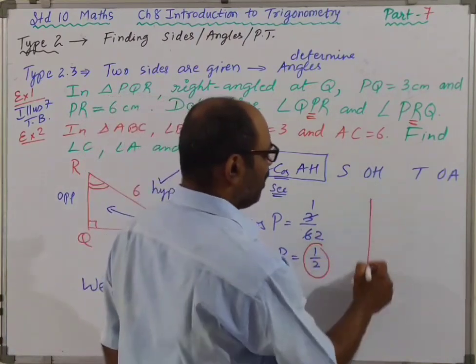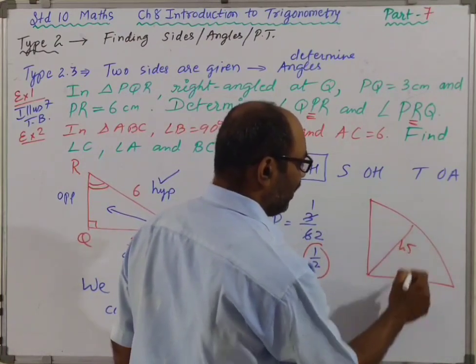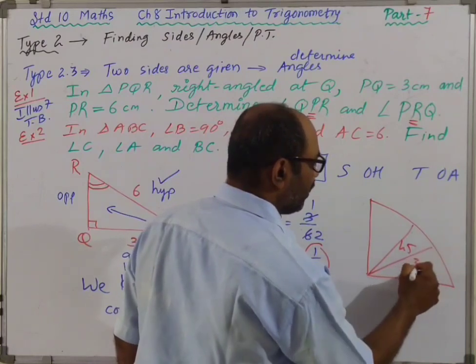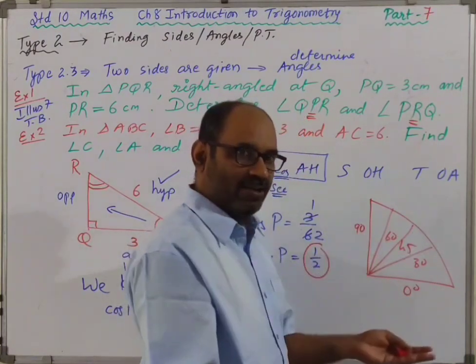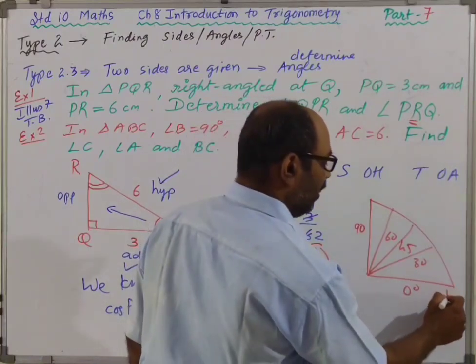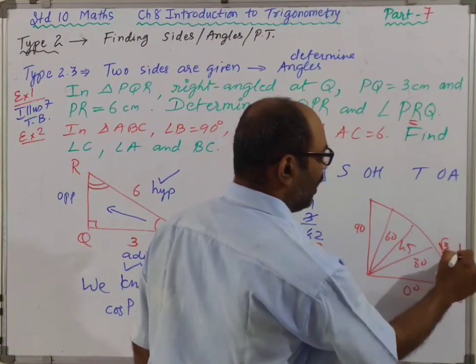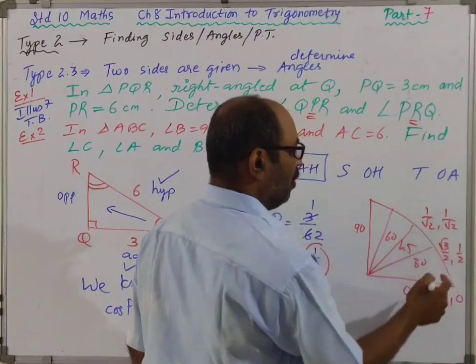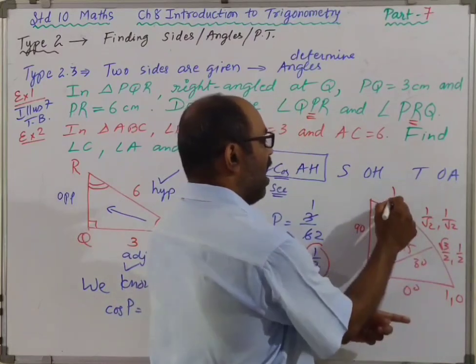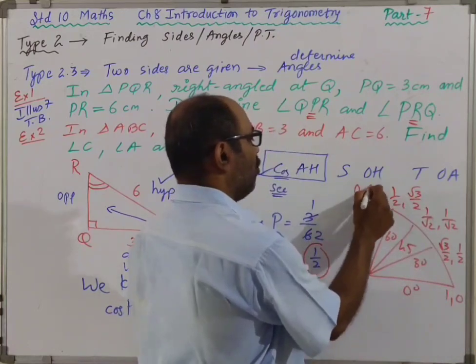Children, that first method, if I had shown you, this is 45 degree, this is 0 degree, this is 30 degree, this is 60 degree, and this is 90 degree. Or you can use the table. For 0, the values are 1 and 0; 30, root 3 by 2 and half; 45, 1 over root 2, 1 over root 2; for 60, the reverse of 30, half and root 3 by 2; for 90, the reverse of 0, 0 and 1.